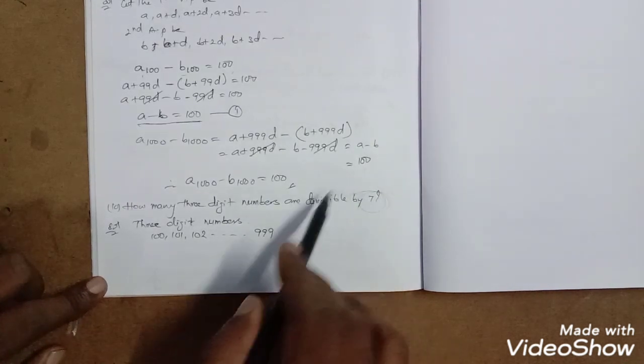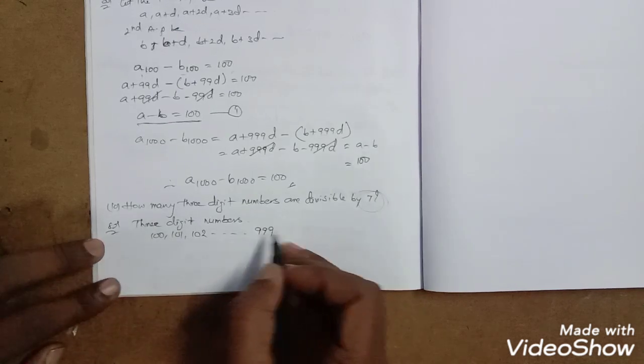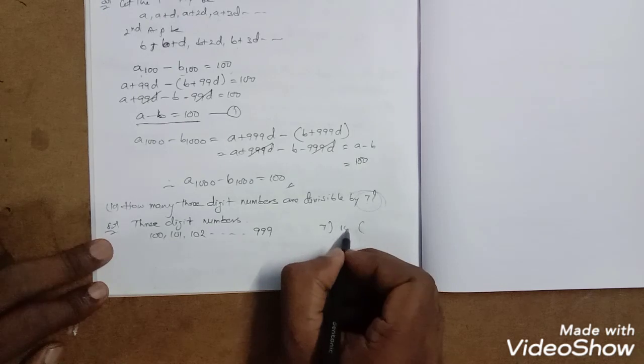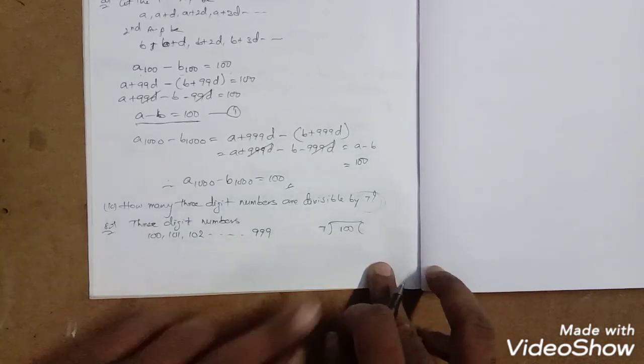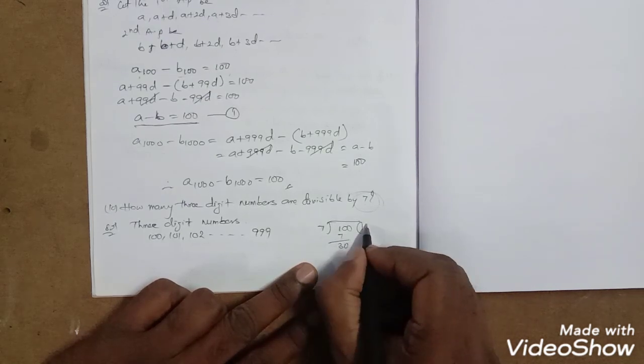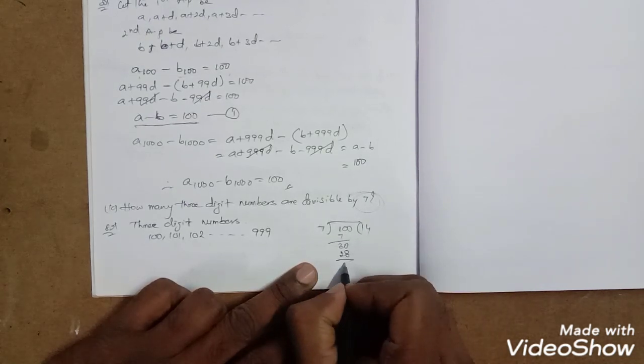To find out these numbers, we have a method, that is we divide the first number, that is 100, by 7. 7 ones are 7, balance is 30. Next 7 fours are 28, balance is 2.